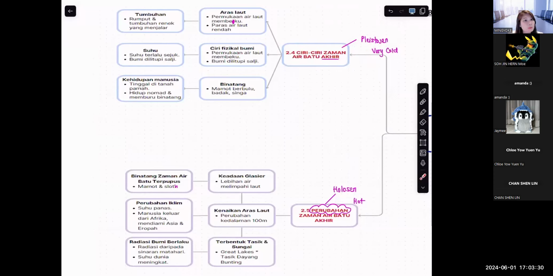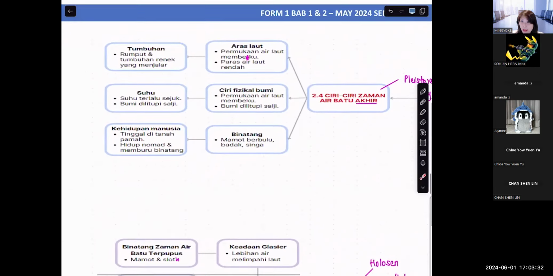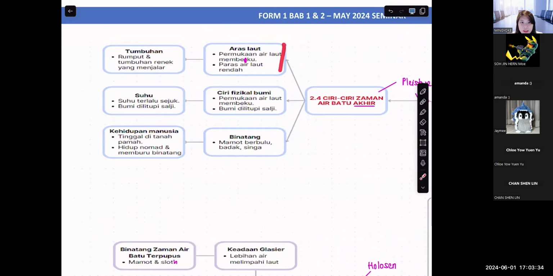The seawater level is low, and the surroundings are ice and snow. All the animals are very hairy. Plants crawl here and there to survive. The temperature is very cold, and humans move around for hunting.